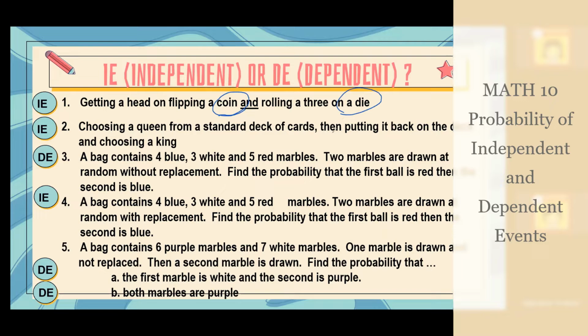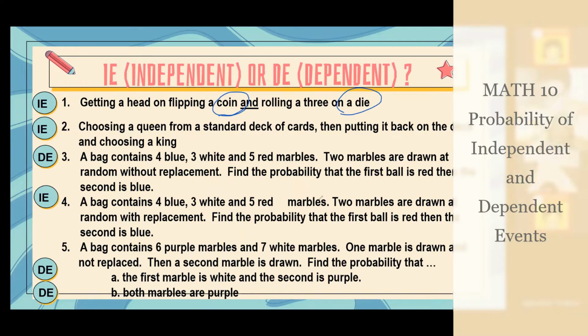Now, number 2, what are the keywords here? What are the keywords here, Teresa, in number 2? What are the keywords that suggested it's independent? Sharifa? Putting it back.